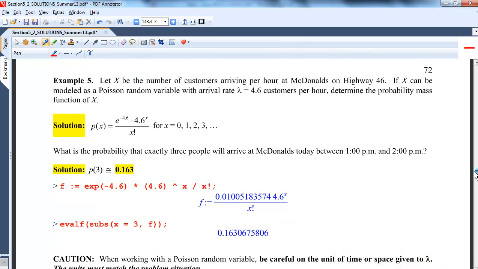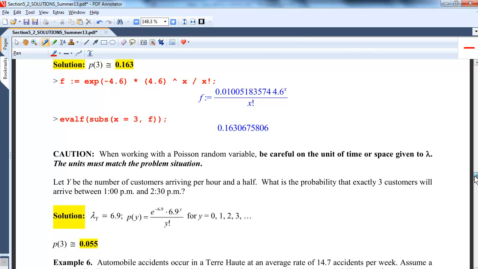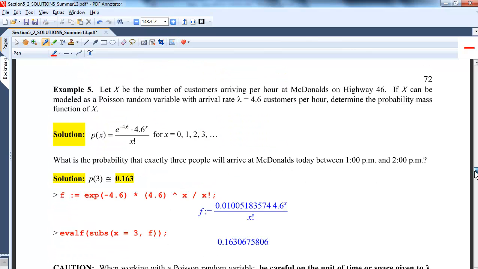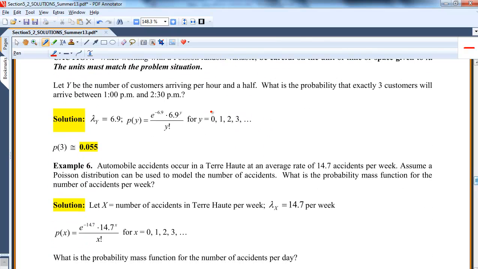My only warning about a Poisson, I put it right here, is you always have to put lambda on the same interval as your problem. So, for example, up here, I'm letting x be the number of customers that come to McDonald's at a rate of 4.6 customers per hour. If later I change and ask how many customers I expect over a 1.5 hour time period, I have to adjust my lambda to be on a 1.5 hour time period.